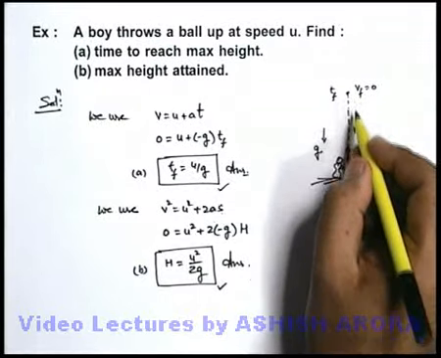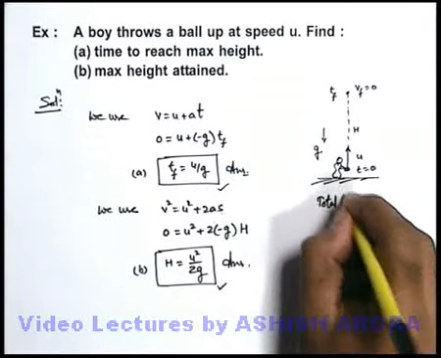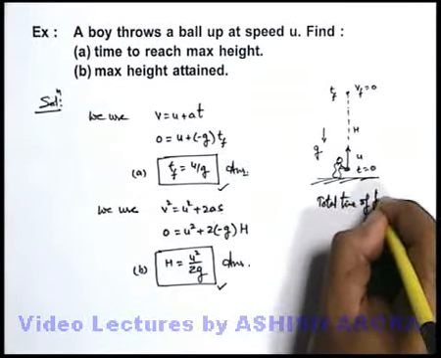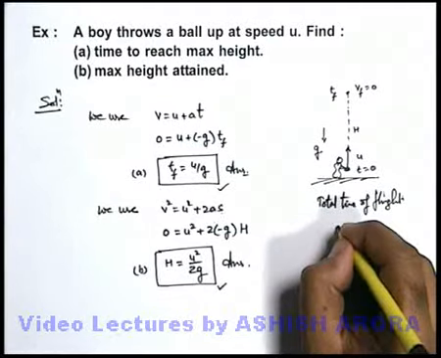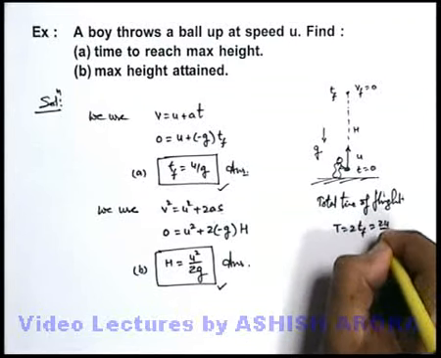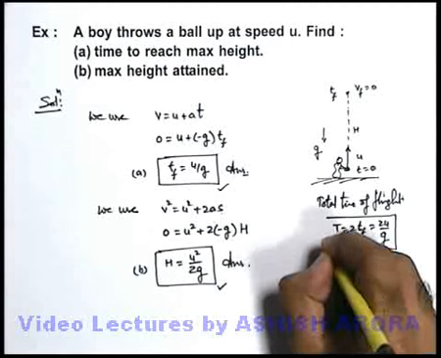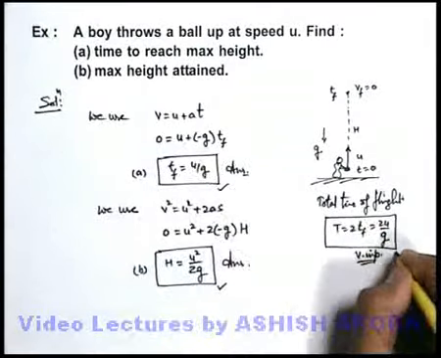So it will take the same time in coming back down. So the total time of flight in going up and then coming down can be written as 2tf, or 2u by g. This itself is a very important result you should keep in mind. In several questions these results are going to be used directly.